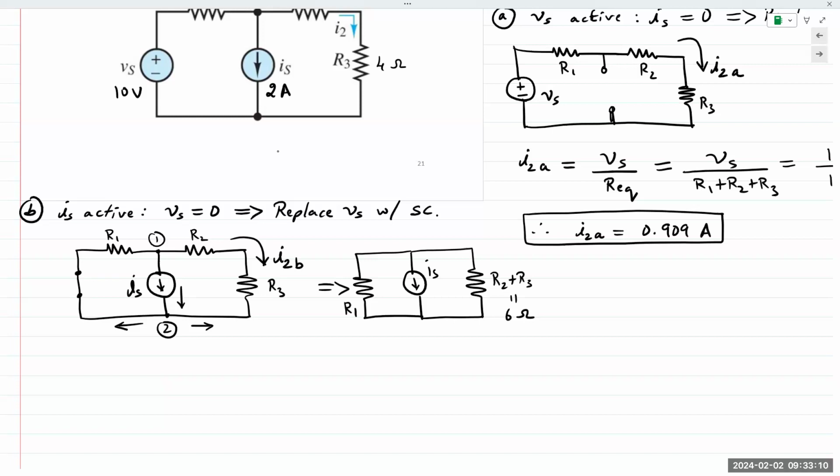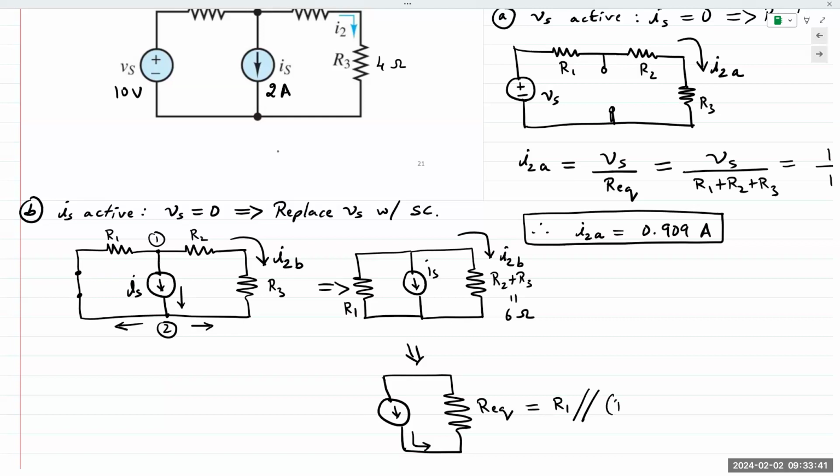Or you can do this. Now this is still I2B, but this current will not be I2B, okay? This is REQ, and this REQ is R1 in parallel with R2 plus R3.